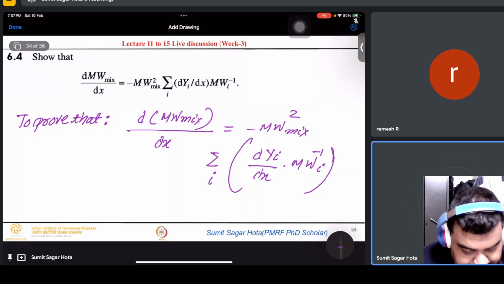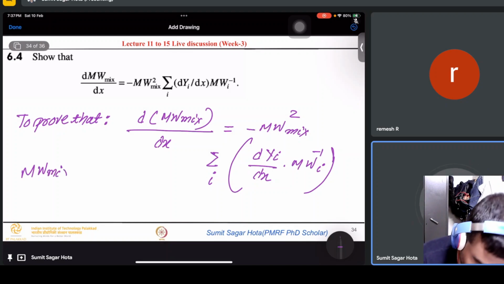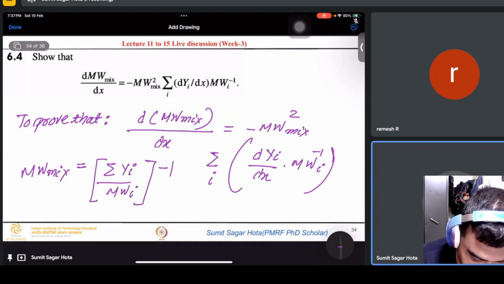Now how will the molecular weight of the mixture be defined? It is the inverse.